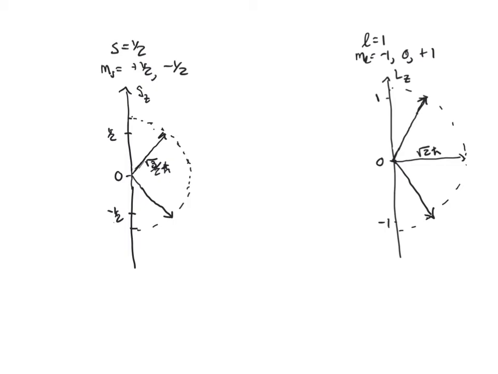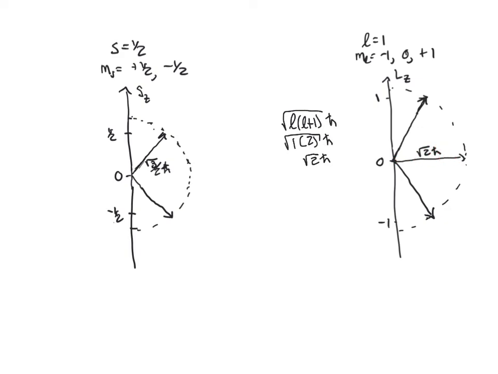All of those vectors have a length of square root of 2 h bar because they all have the length square root of L times the quantity L plus 1, times h bar. And so L plus 1 is 2, times 1 is 2, square root of that is square root of 2, times h bar is the length of this vector.